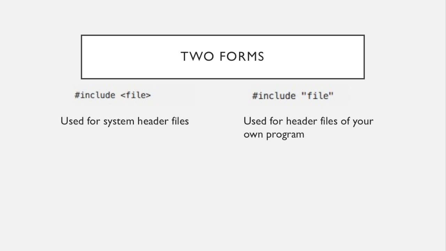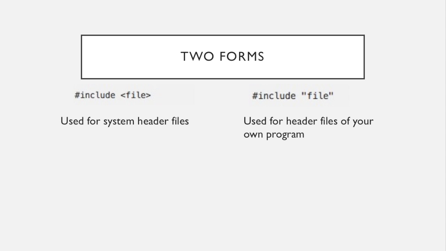There are also two forms of this include statement. The first form is the #include with the angle brackets around the file name. Those are used for the system header files. That statement essentially searches for a file named file in a standard list of system directories.